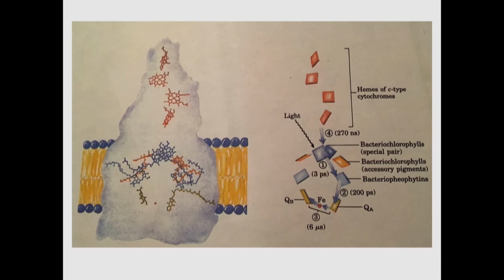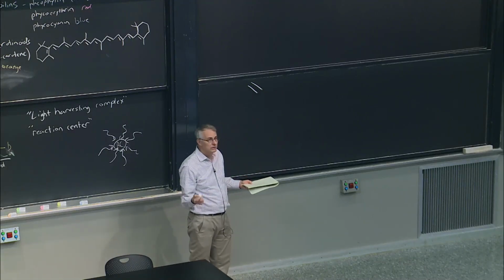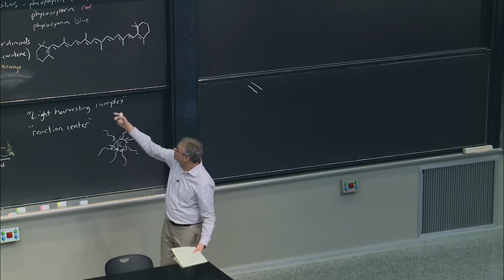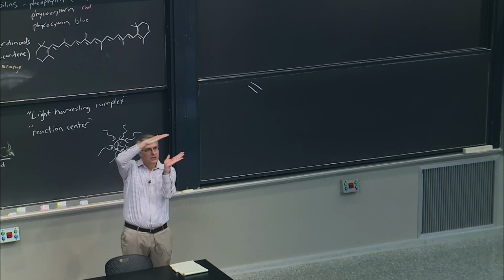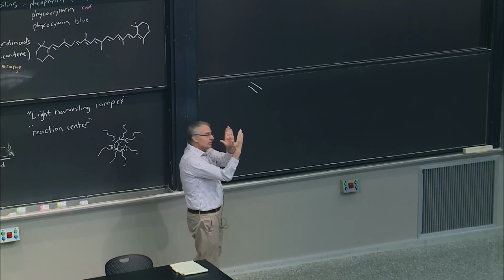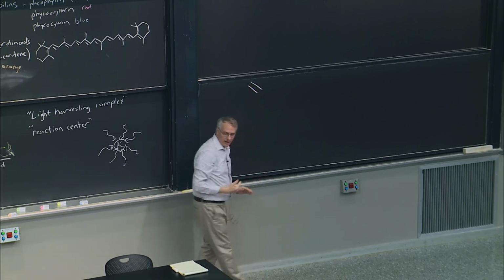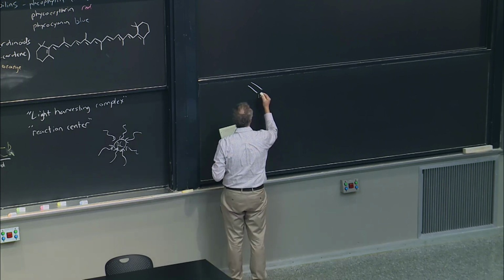And so here, if we have our special pair of chlorophylls, okay, chlorophyll, if you look at it here, is relatively a pyrrole like heme. It's a flat molecule. And so these will stack on top of each other. So if they're stacked on top of each other, and this is looking at them head on, you have this special pair of chlorophylls.